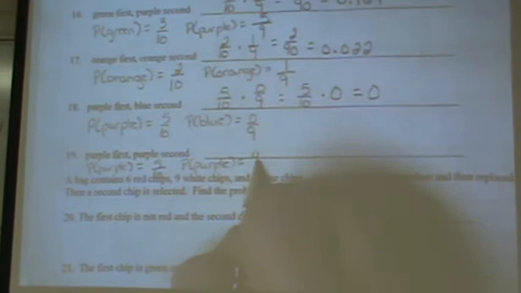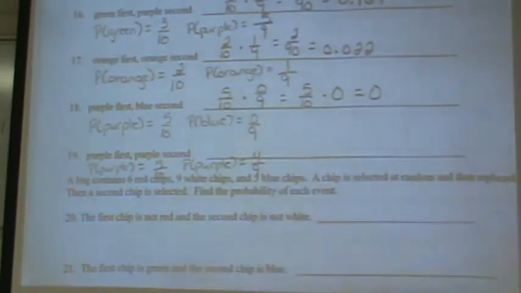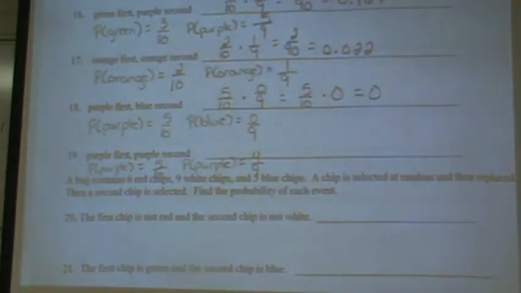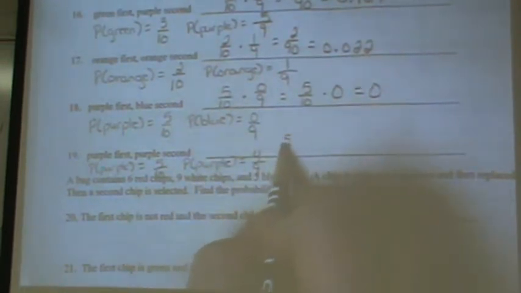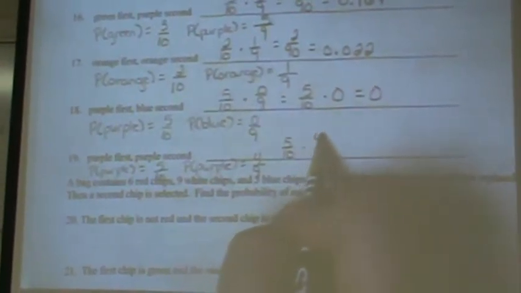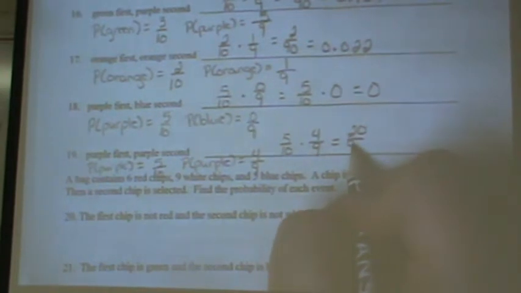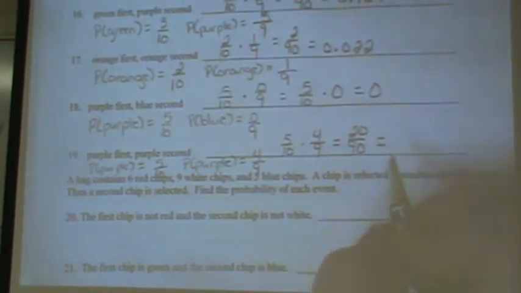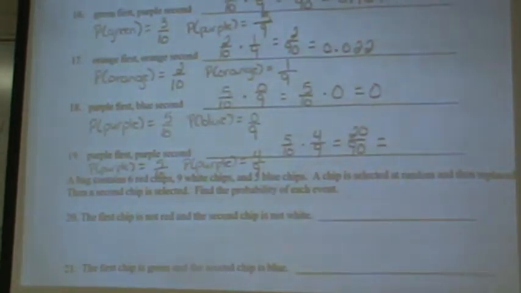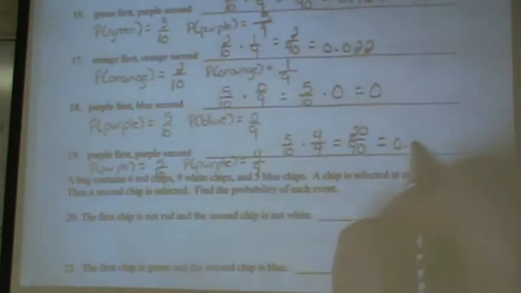So we have 4 purples left and we have 9 total marbles left. So our probability of picking a purple first and picking a purple second is 5 over 10 times 4 over 9. When we multiply that through, we're going to get 20 over 90. And that'll give us a decimal of 0.222.